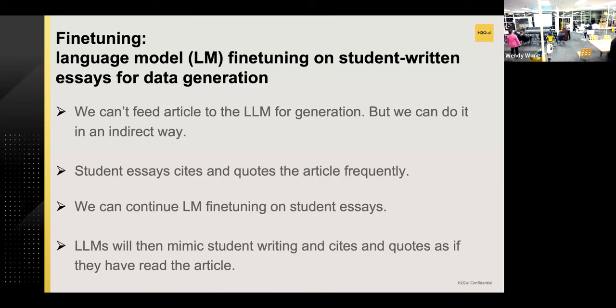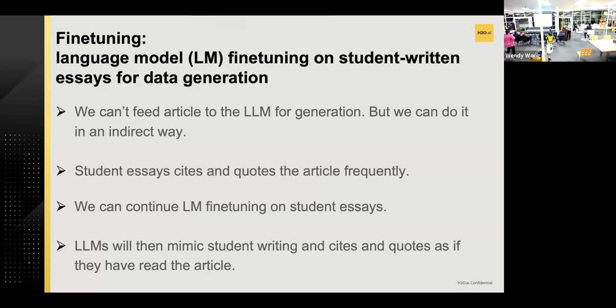How to solve this problem? Since we can't feed the original article or source text to the LLM for generation, we can do it indirectly. Assume that we're human beings: we read a lot of student essays written based on those articles, and we can already get an idea about what is in the articles, because the students will frequently cite and quote.